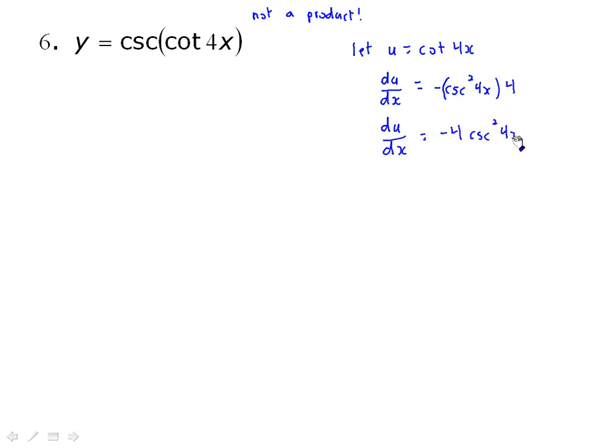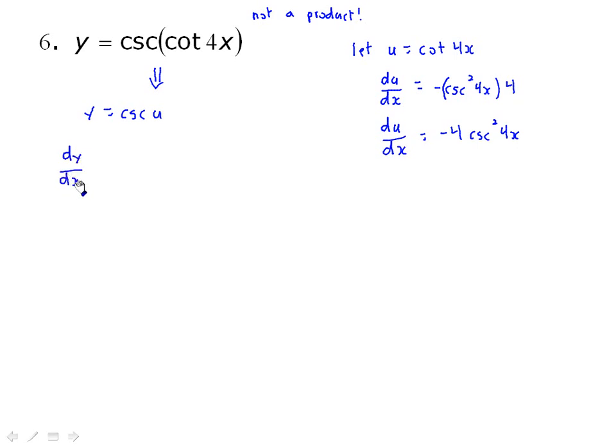Now I didn't put a bracket around the whole thing, cosecant 4x squared, just because it was just to the exponent of 2. It wasn't really going anywhere. So that's probably safe. And then this expression really is y is equal to cosecant of u. And that makes the differentiation quite easy because dy du would be just the derivative of cosecant.